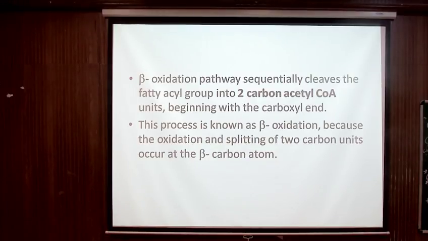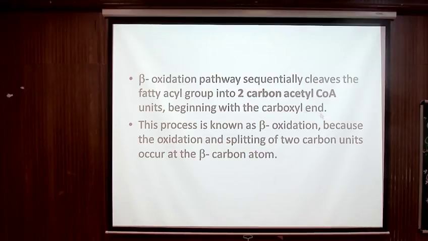The need for beta oxidation is for energy purposes. By beta oxidation we get energy. It is called beta oxidation because in this pathway there is a sequential breakdown of the fatty acid into 2-carbon acetyl coenzyme A units, beginning from the carboxyl end.